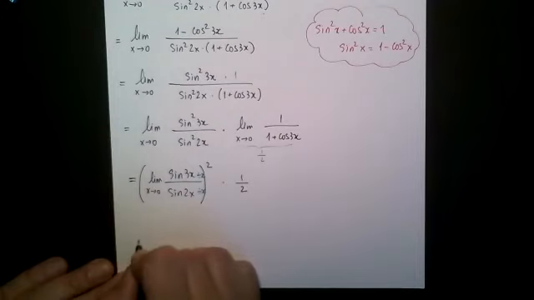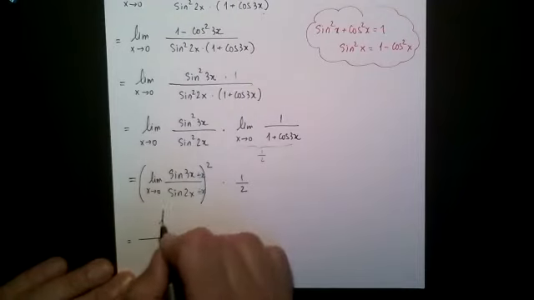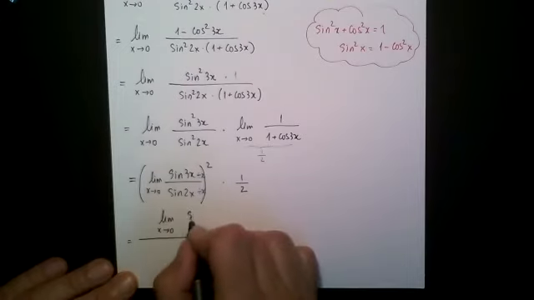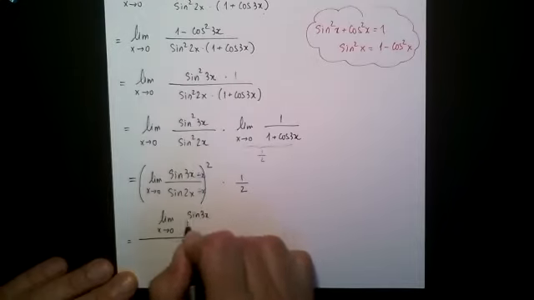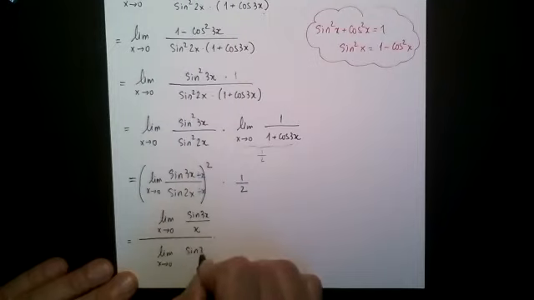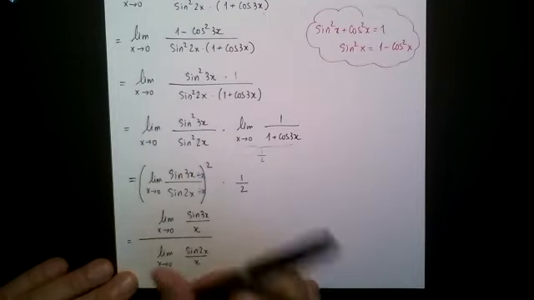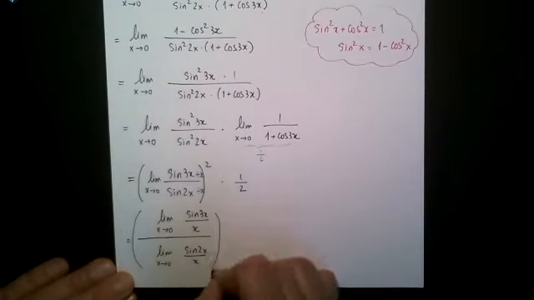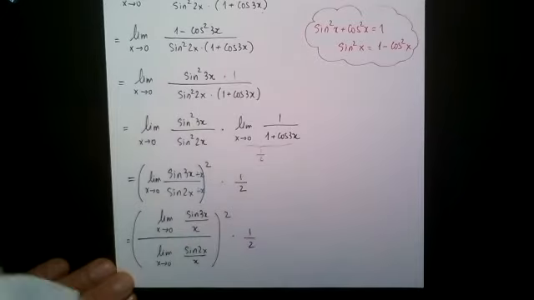Okay, so now we have equals. So on top, I will have the limit as x approaches 0, sine 3x over x, and the bottom limit x approaches 0, sine 2x over x. All this to the power of 2, all this times 1/2.